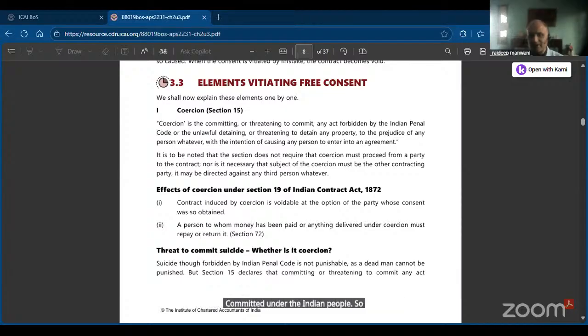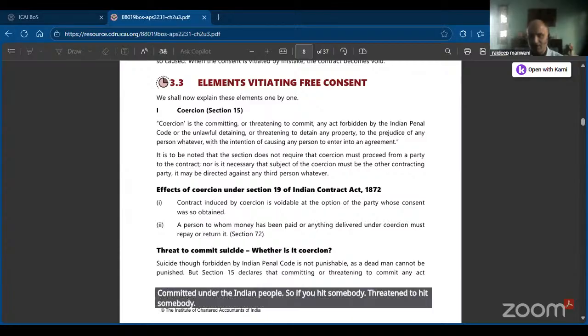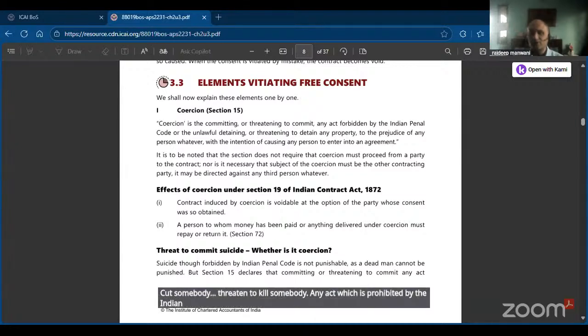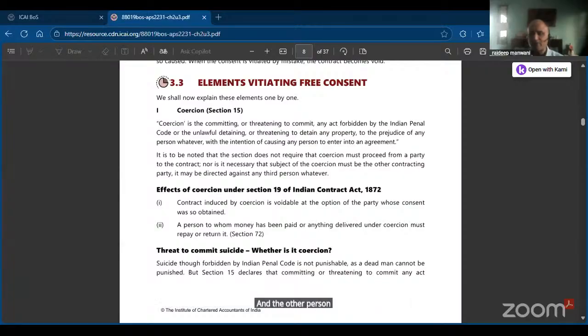So if you hit somebody, threaten to hit somebody, cut somebody, threaten to kill somebody, any act which is prohibited by the Indian Penal Code, and the other person is forced to enter into the contract, such contracts are avoidable.